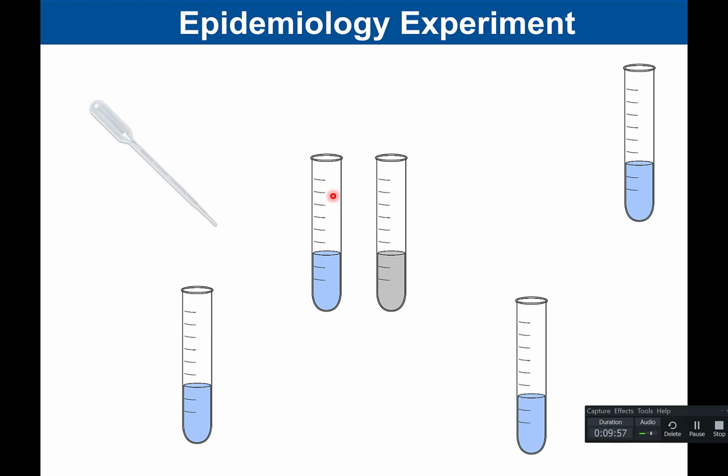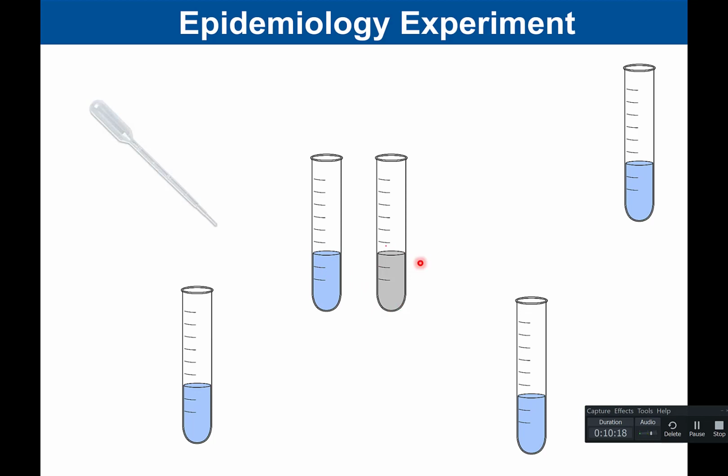Now, your test tube is going to represent your body fluids. So this is your body fluid. So all 32 people in the class will have a unique test tube. And in addition to having a unique test tube, they have a unique solution.